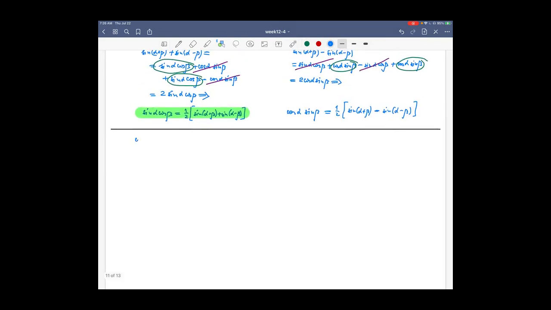If we write cosine of a sum and cosine of a difference, and as before, add or subtract them.